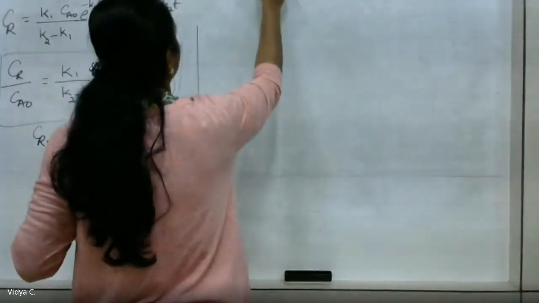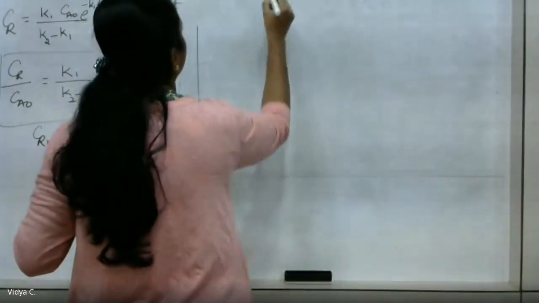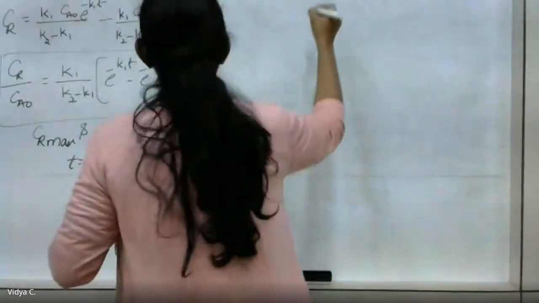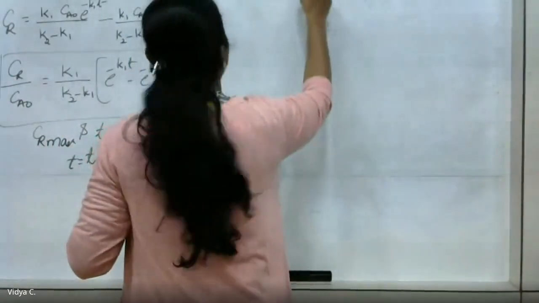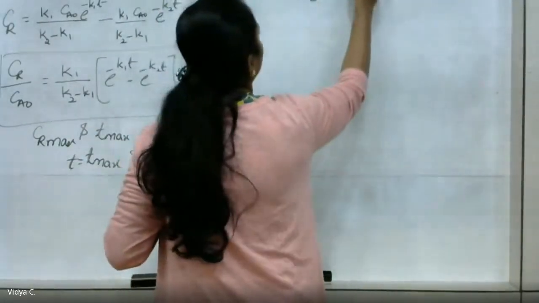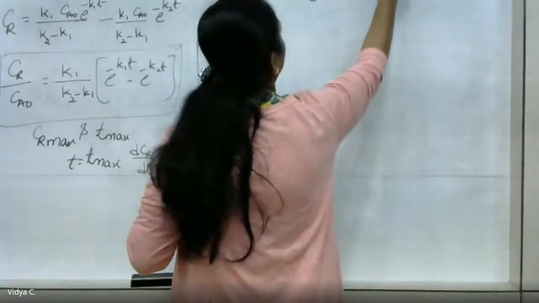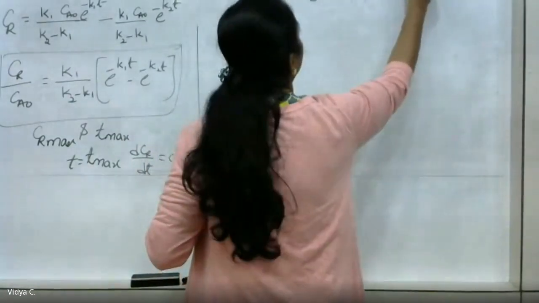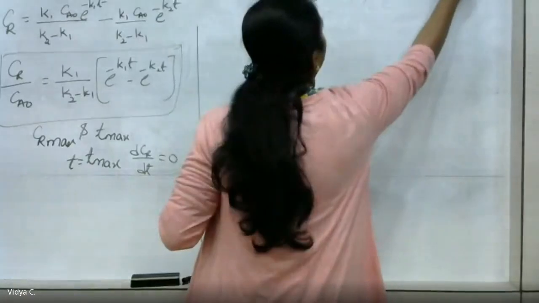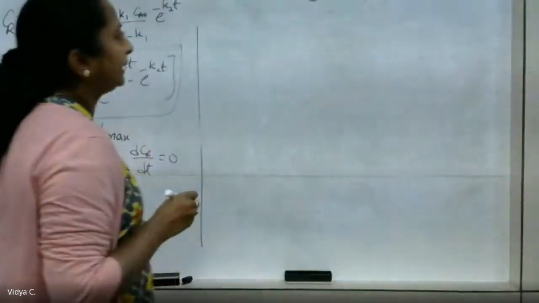So for this equation, dCr by dt will be equal to k1 by k2 minus k1 into minus k1 e to the power of minus k1t plus k2 e to the power of minus k2t.